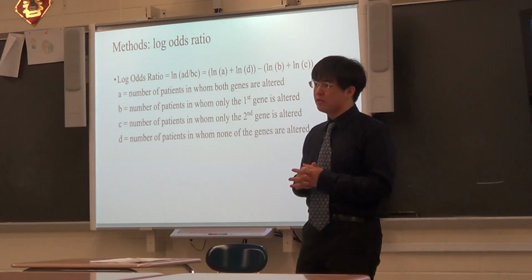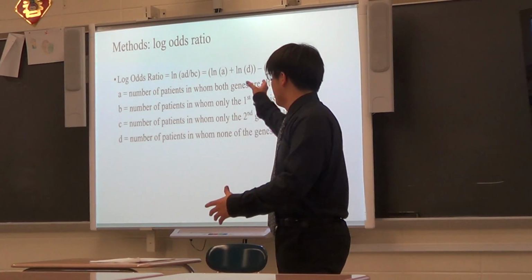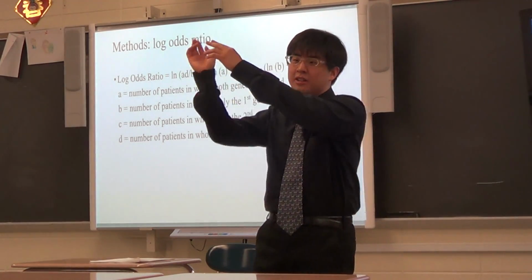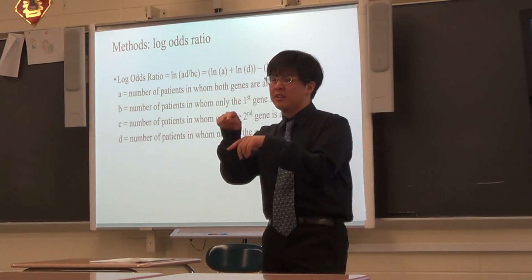So I had to do that because for mutually exclusive relationships, the odds ratio would get closer and closer to 0, and as it gets closer, it's going to be hard to discern the different numbers.